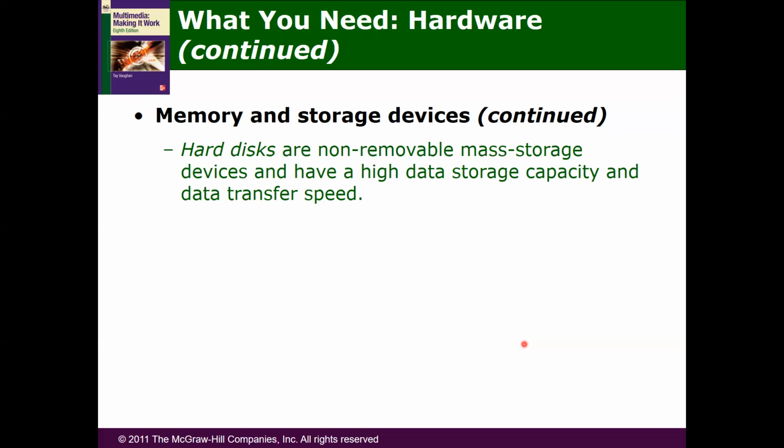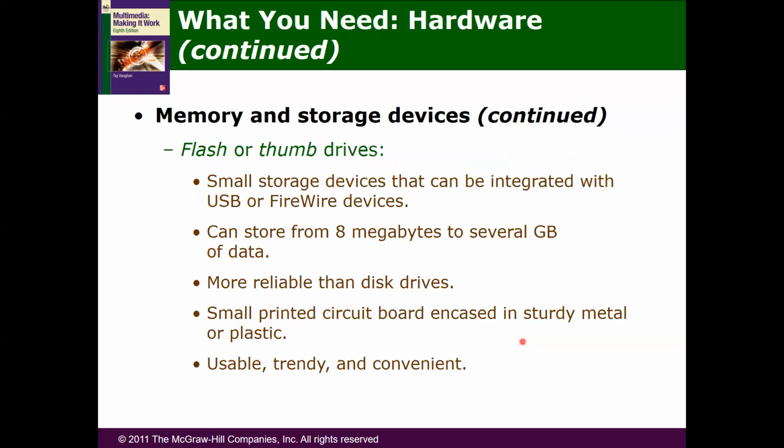With a normal external hard disk, you have a Universal Serial Bus or USB connection. Those are some of the differences. Similarities: both have high storage capacity, and the data transfer rate is quite a bit faster than that of a USB flash drive.